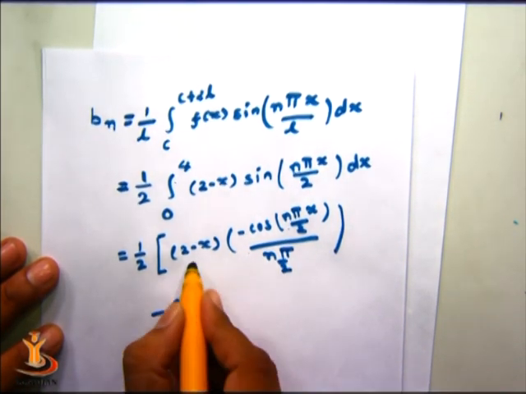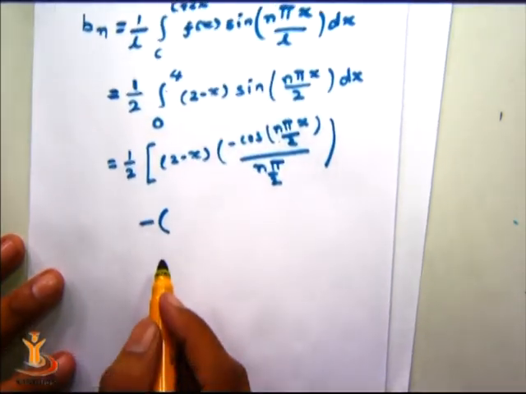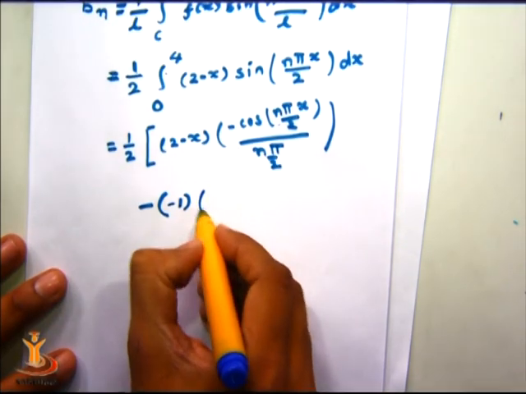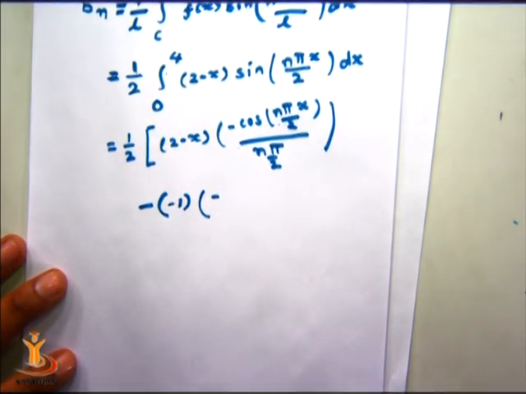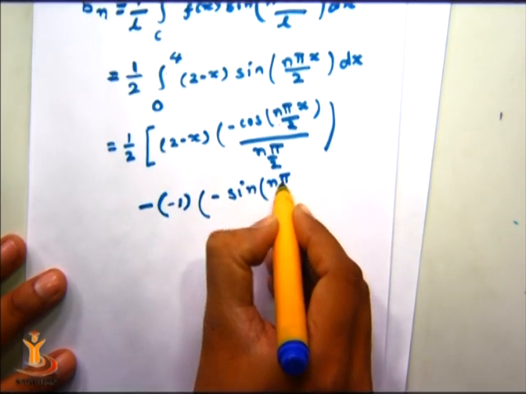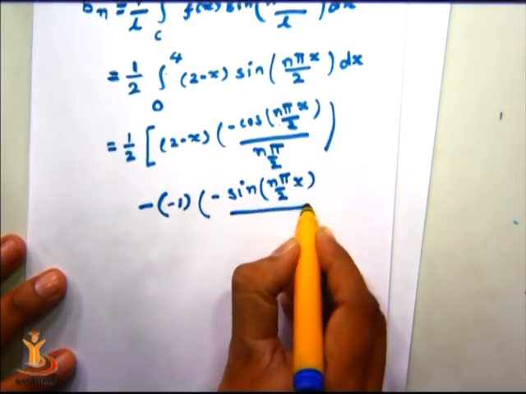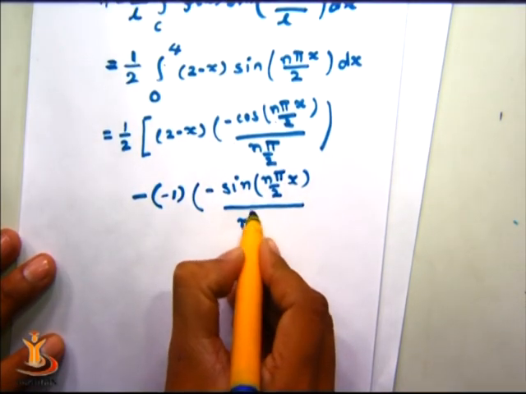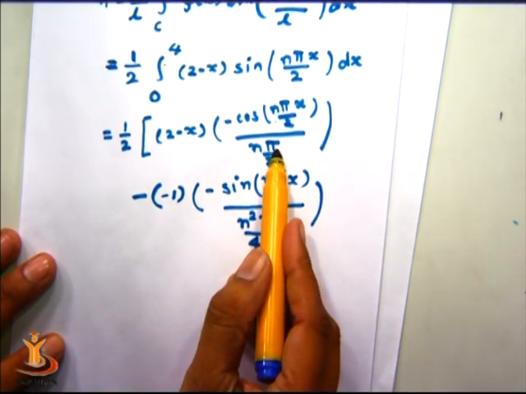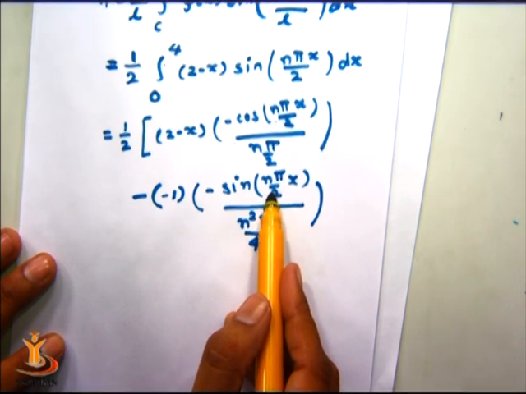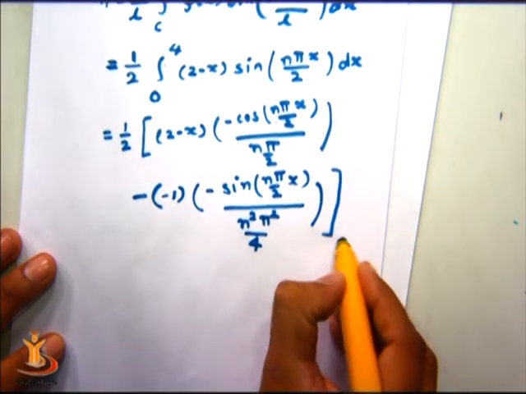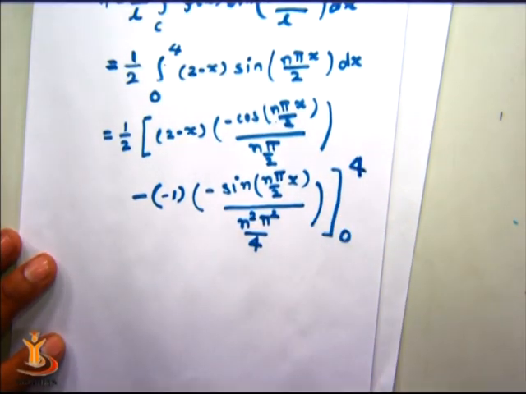Minus, again the derivative of 2 minus x: the derivative of 2 is 0 and of x is 1, so it is minus 1 into minus the integration of cos, that is sine n pi by 2 into x, divided by n square pi square by 4. N pi by 2 is already there, and one more coefficient constant n pi by 2, so that is n square pi square by 4, and our limit is 0 to 4.